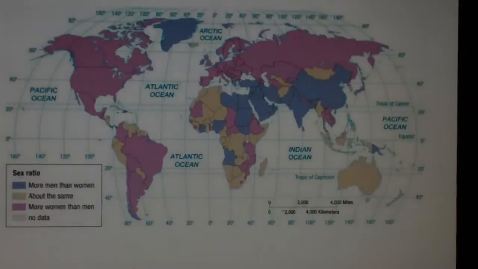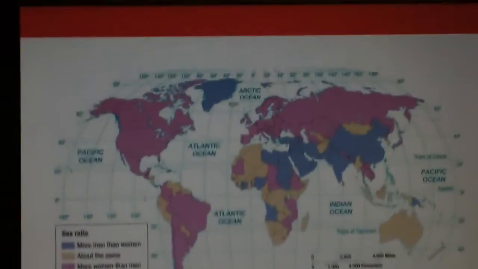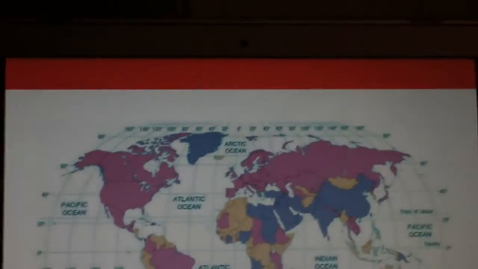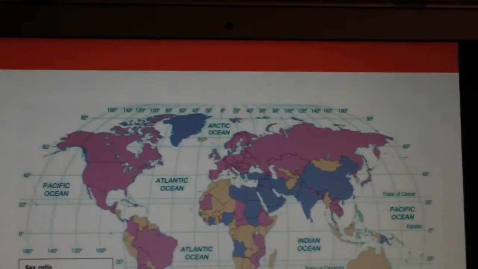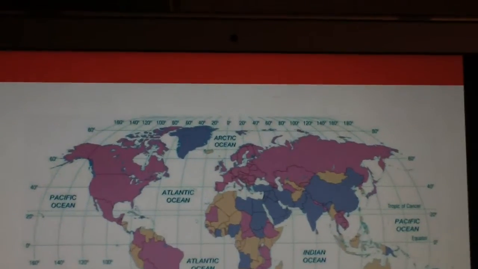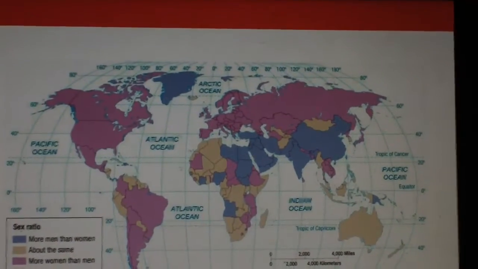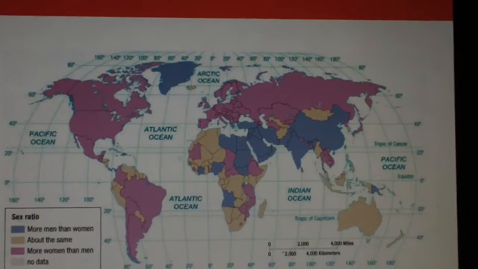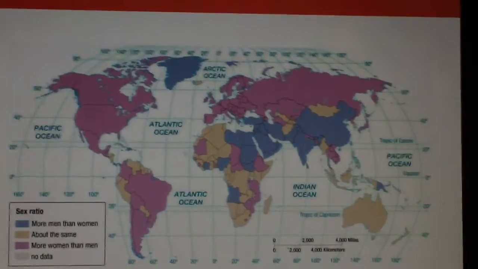And here's just a map of that sex ratio. If we look here, where it is this kind of blue-purple, there are more men than women. So look at those countries. It's really interesting to see. I mean, it's not interesting, it's kind of obvious in some places.